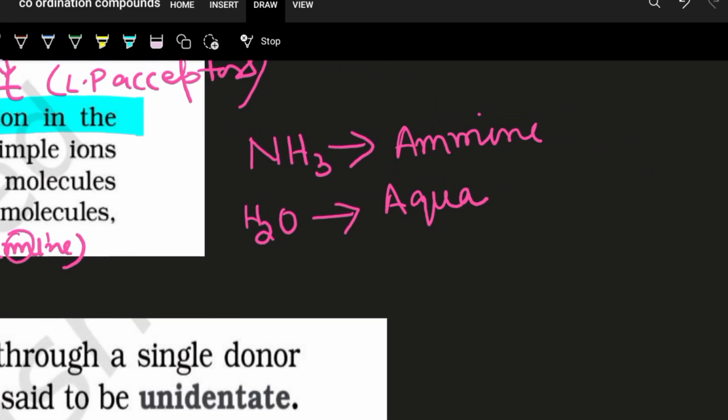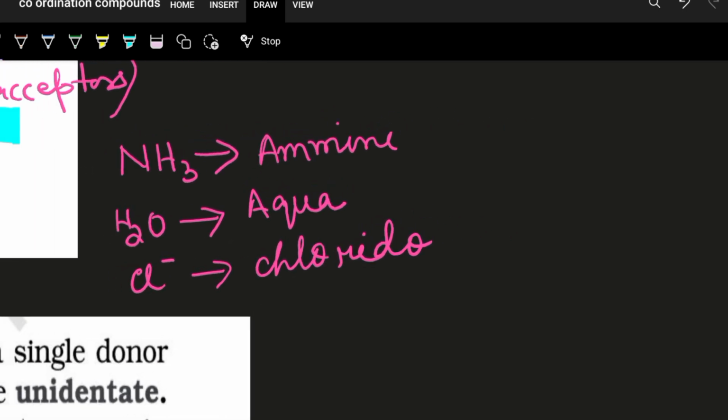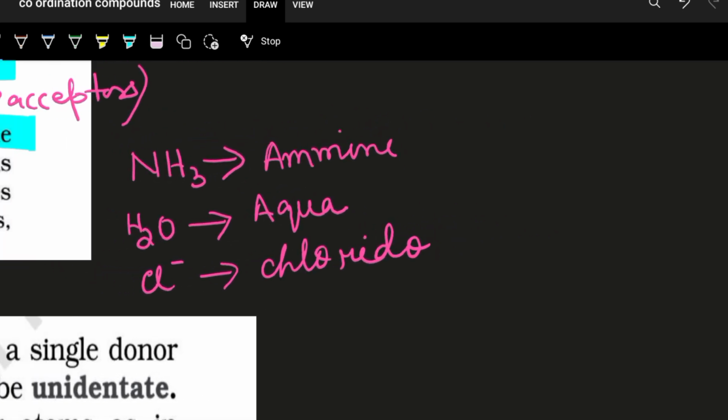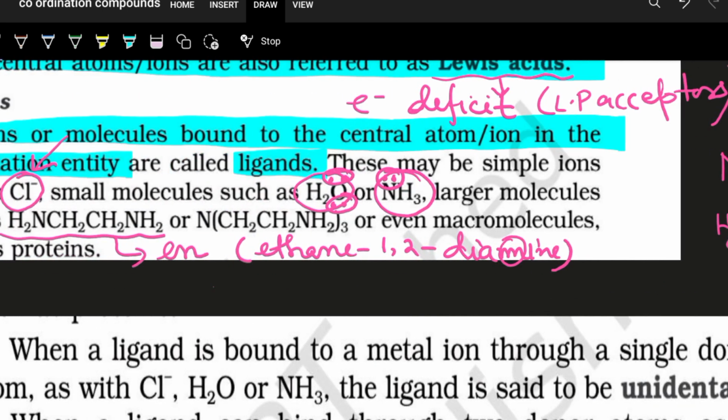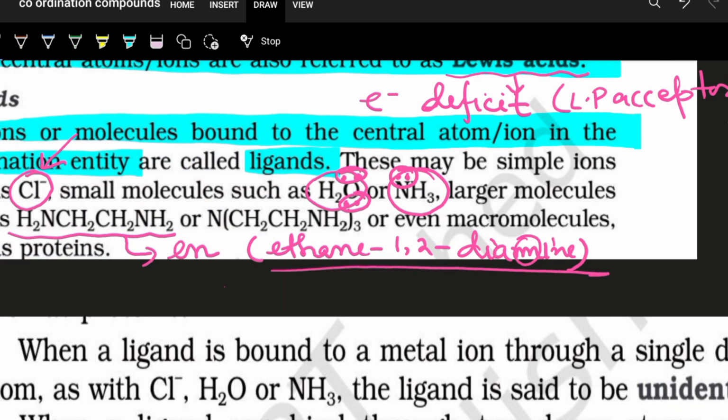But just get to know all about ligands. H2O, NH3, they are neutral ligands. They are named in this manner. Anionic ligands are having o, like Cl minus will be known as chlorido, bromido, iodido, like this. If it is say en, it is ethylene diamine or ethane-1,2-diamine, which is used in nomenclature.